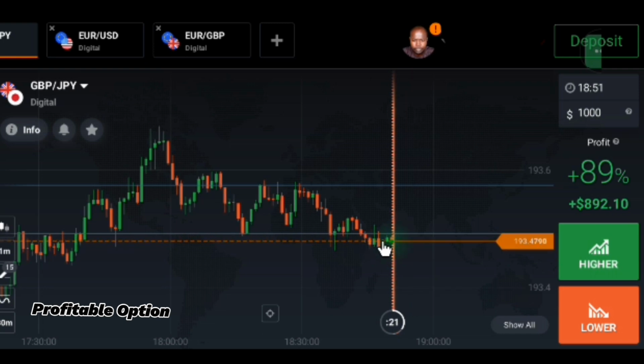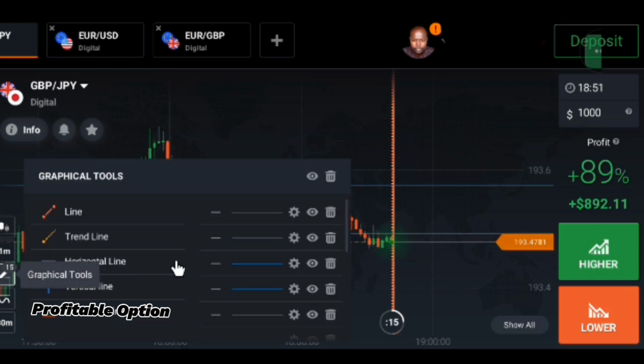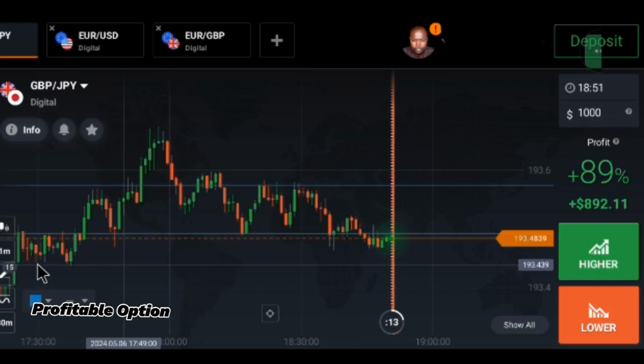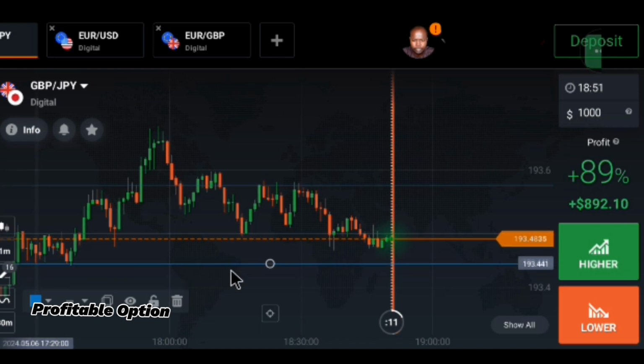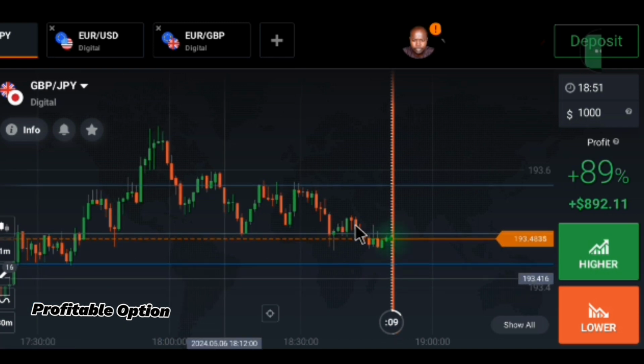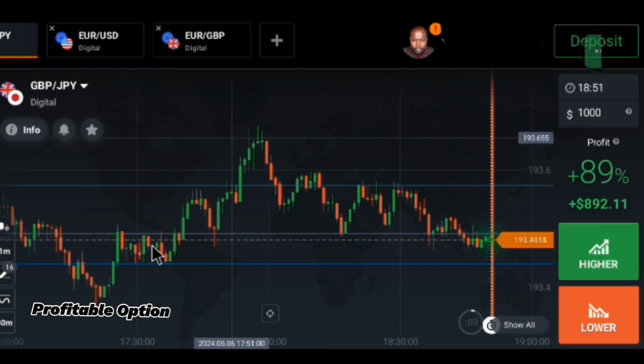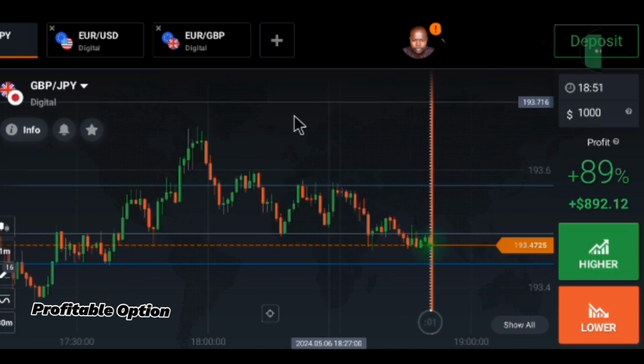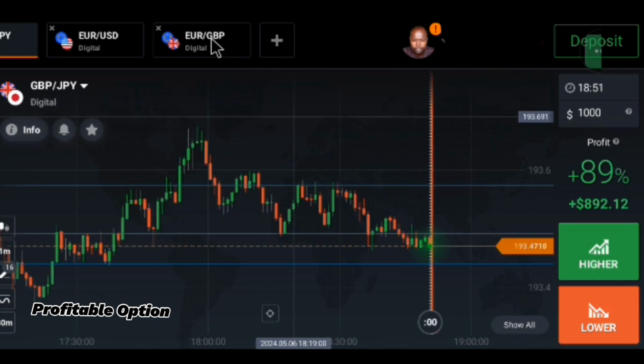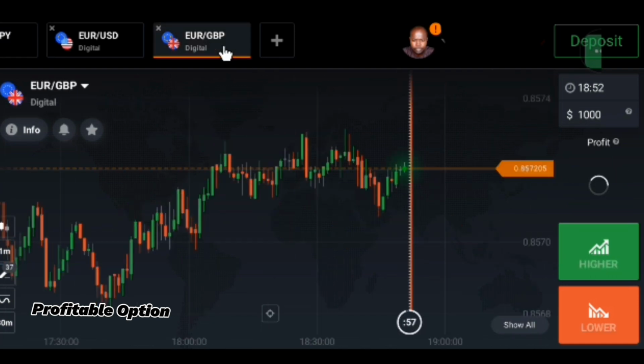So taking a sell trade here will be risky. But if you look down here, there's a support here as well. So it will be risky to place a sell trade here because of the buyers at this level. Okay, so let me check another pair, euro and Great Britain pound.